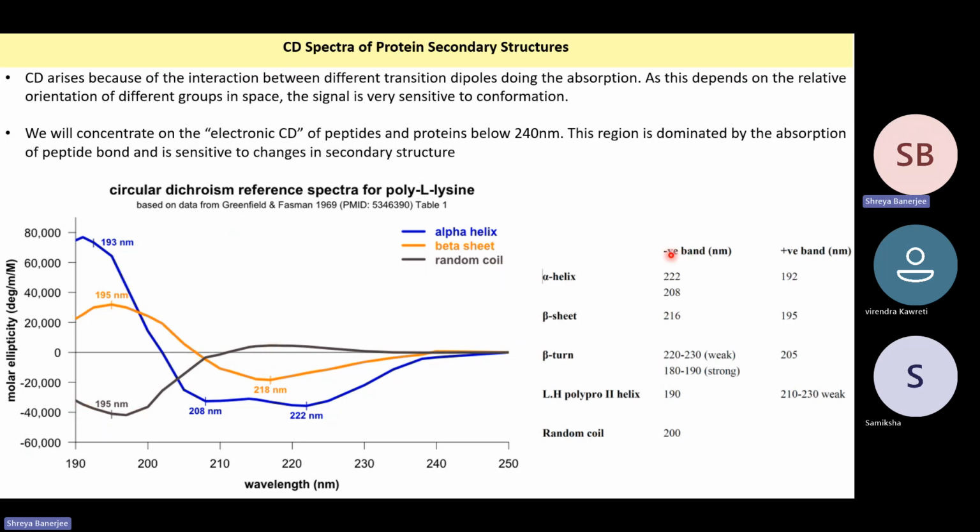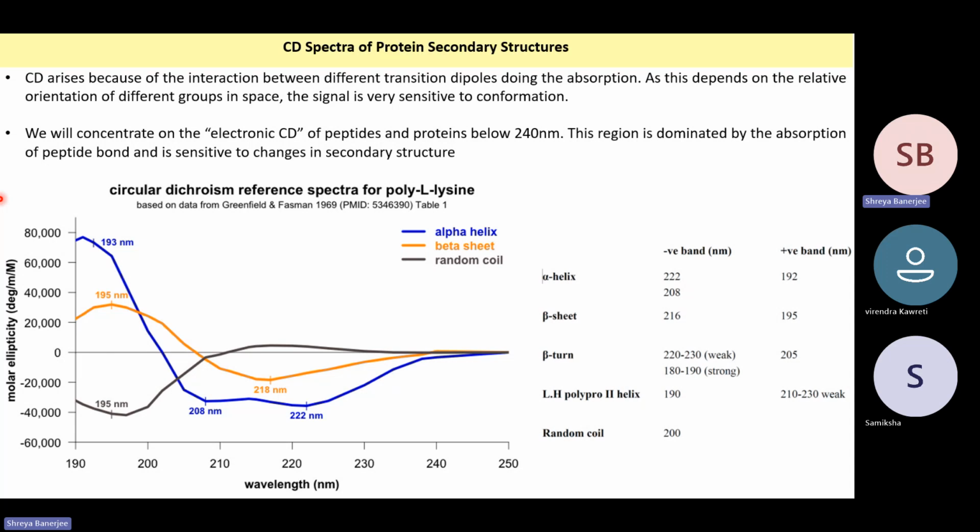You can see different secondary structures like alpha helix, beta sheet, beta turn will have positive and negative bands at different values, and this is the signature of that particular secondary structure. So if you are given a random circular dichroism spectrum, you can look at it and predict what secondary structure it is adopting.